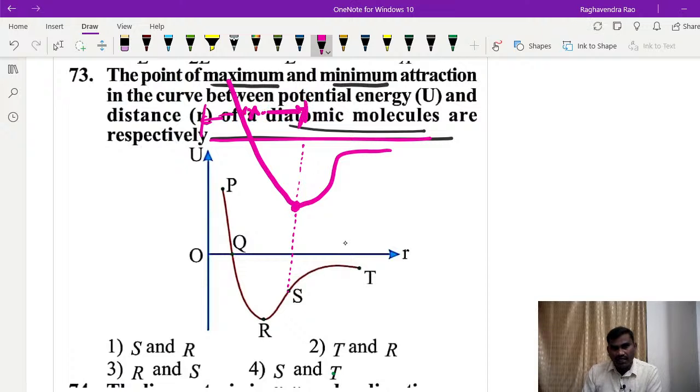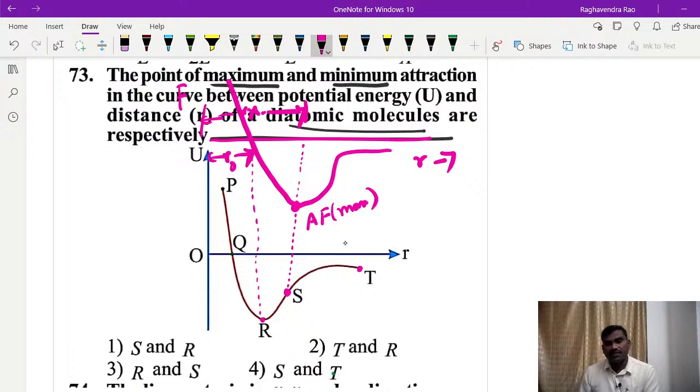This is the force separation graph. This is the point corresponding to maximum attractive force, which corresponds to S. At this point it is minimum. This is the point corresponding to R0.